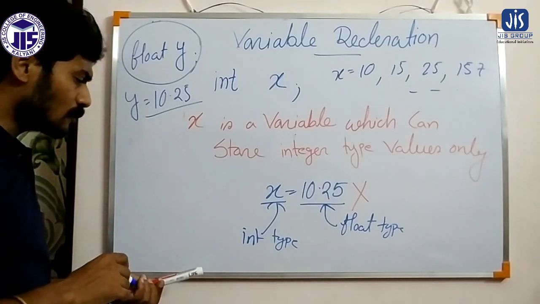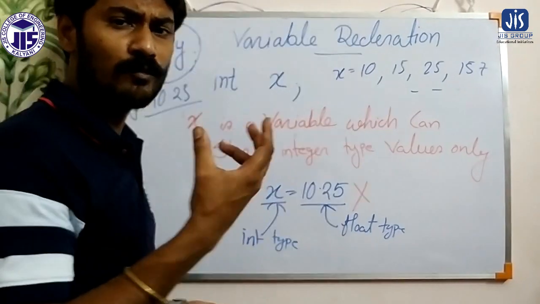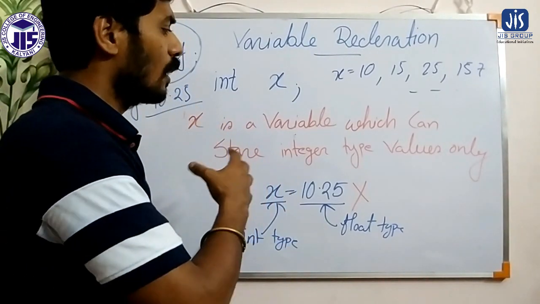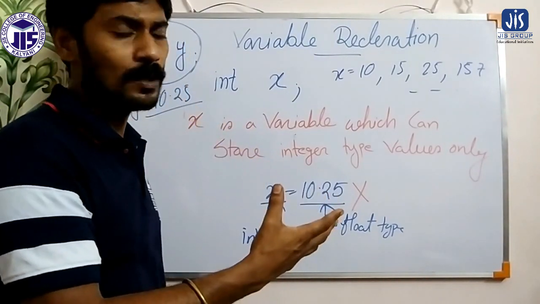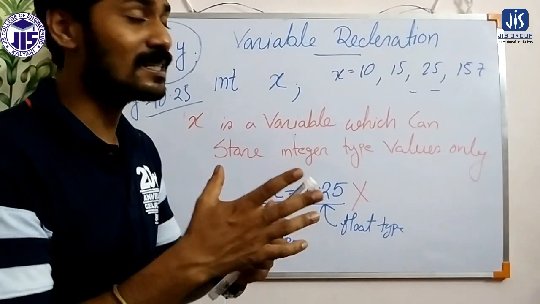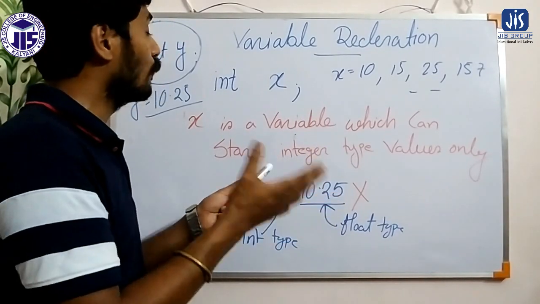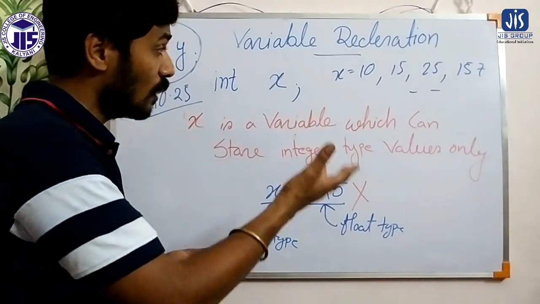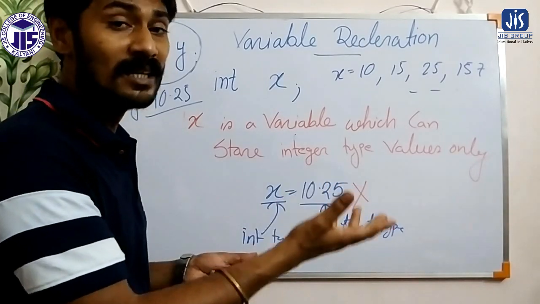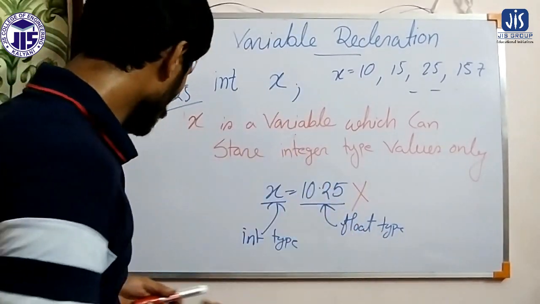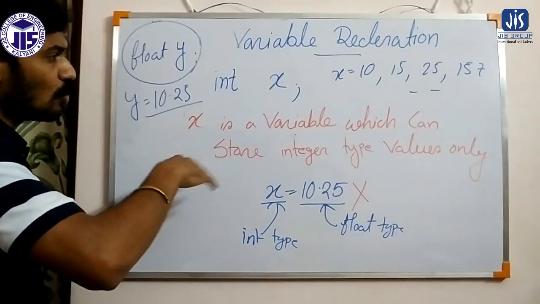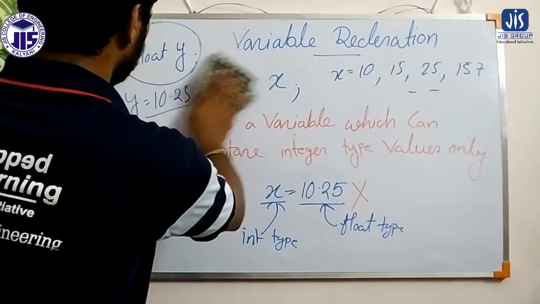Now I will clear it with some very small programs also. I will show you live examples of what will happen if I assign a float type value to an integer variable, just after this. So this is all about variable declaration.